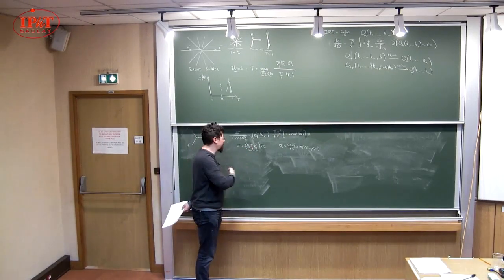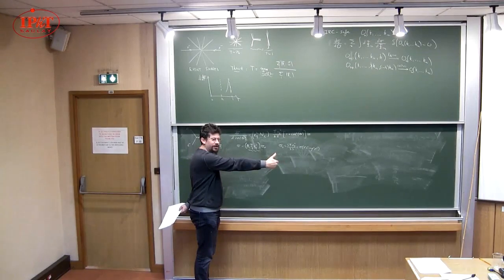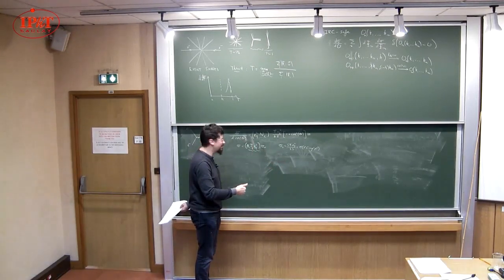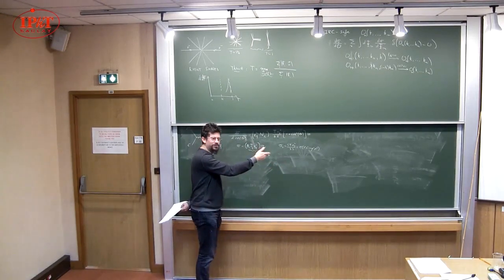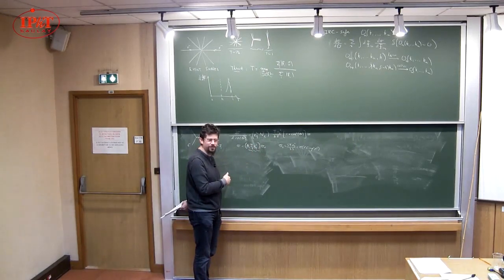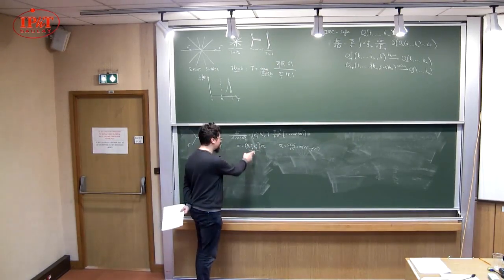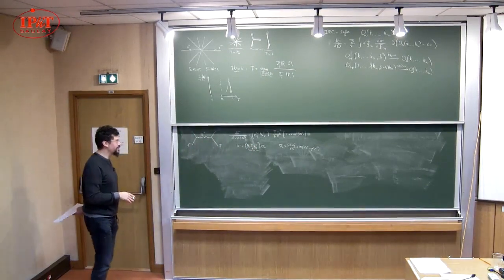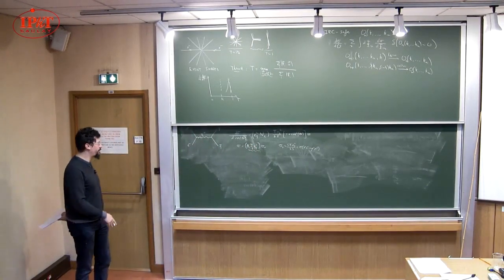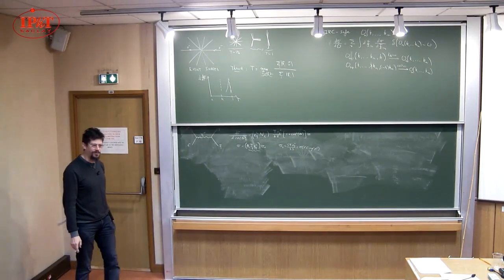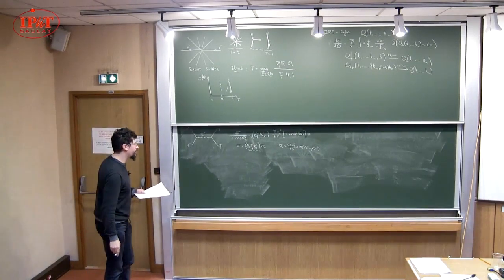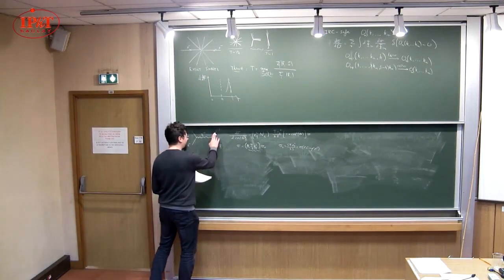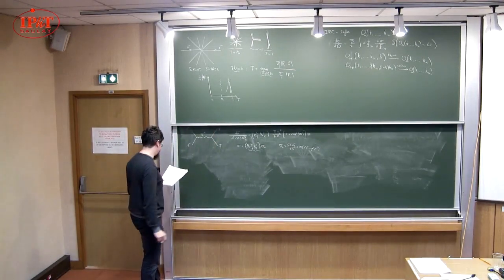For example, if you crank down the energy from a high energy, at some point you're going to go below the masses of different quarks, and when you go below the mass of different quarks, this thing is going to decrease as well.